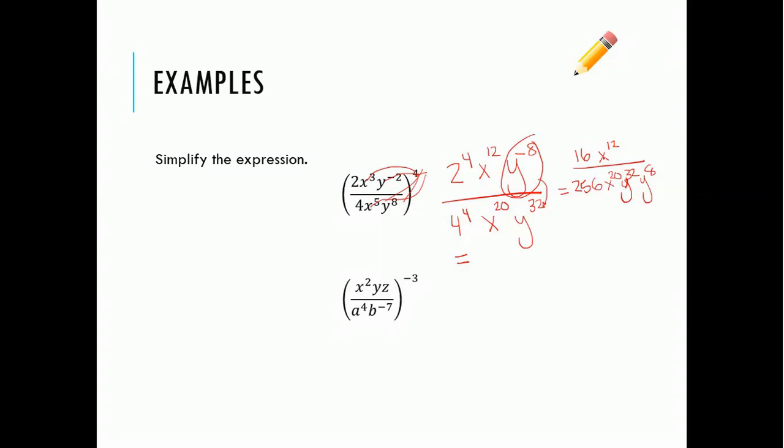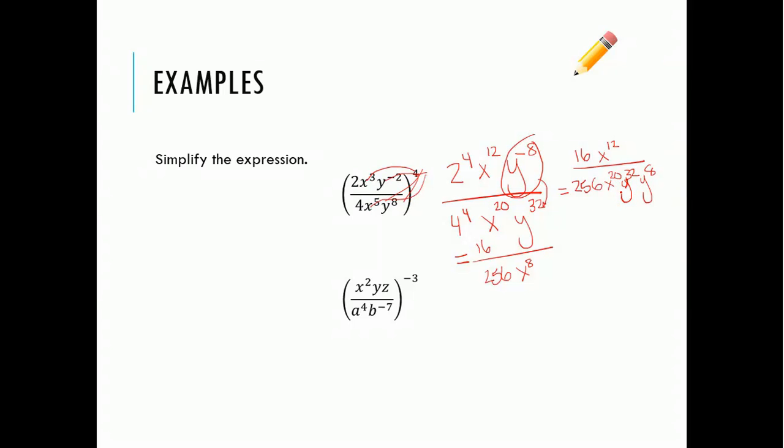My x's, notice I got one on top, one on the bottom. So that's when we use the quotient rule, right? So we subtracted 20 minus 12. We would get 8. And there are more x's on the bottom originally. So I'm going to have 16 over 256, x to the 8th, right? Because there are 8 x's left.